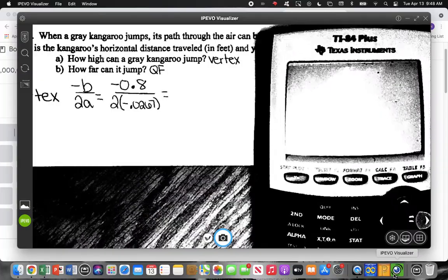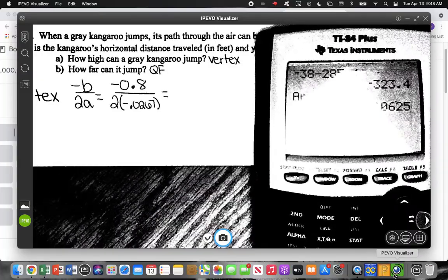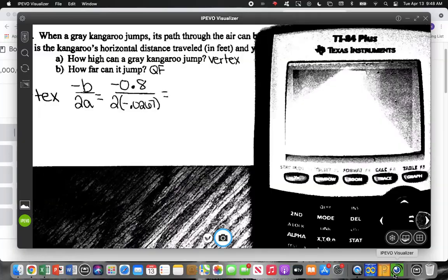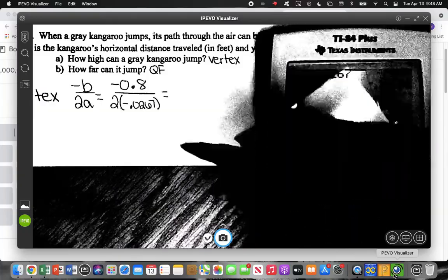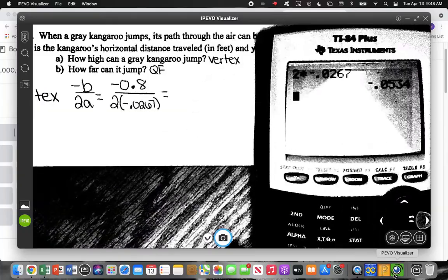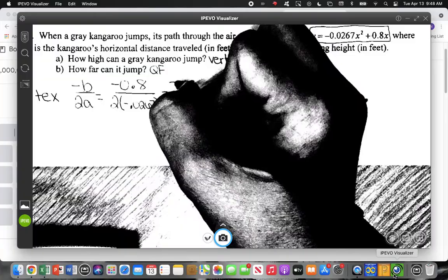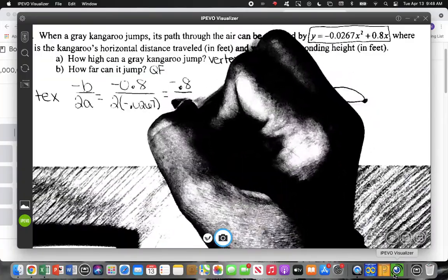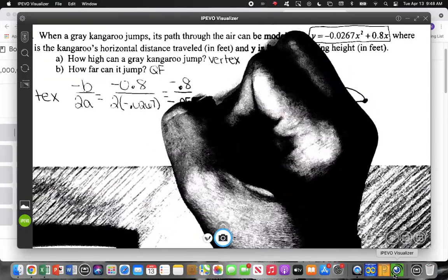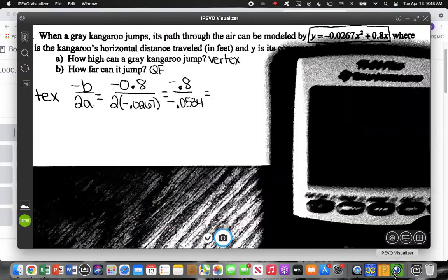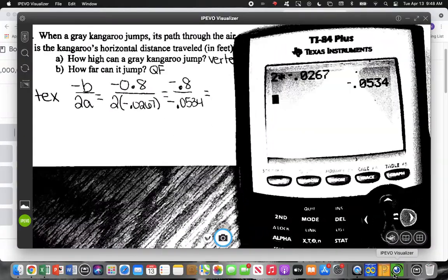I'm going to multiply the bottom first, so that's negative 0.8 divided by negative 0.0534. I just multiplied my 2 numbers on the bottom.